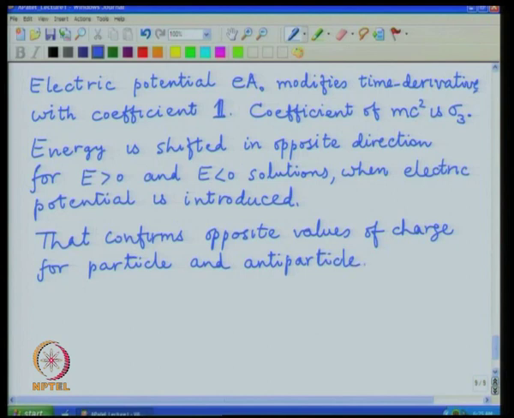So, these are the important interpretation problems of Klein-Gordon equations and their resolution, and we will now deal with the solution of this Klein-Gordon equation in presence of electromagnetic field the next time.